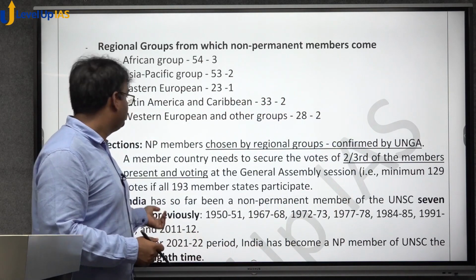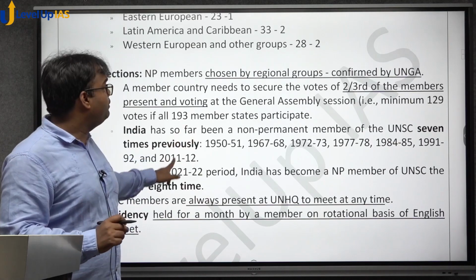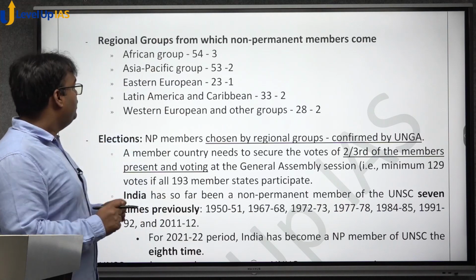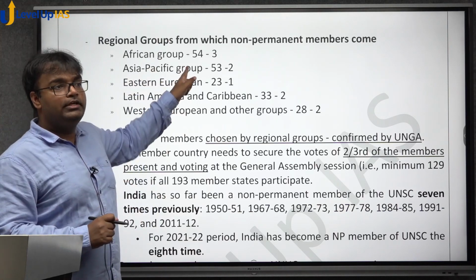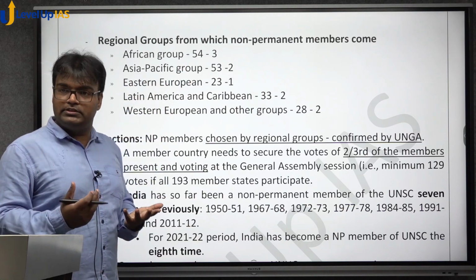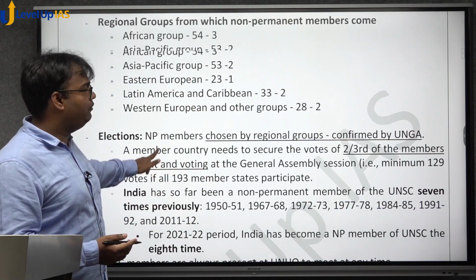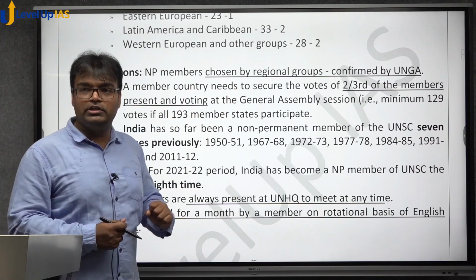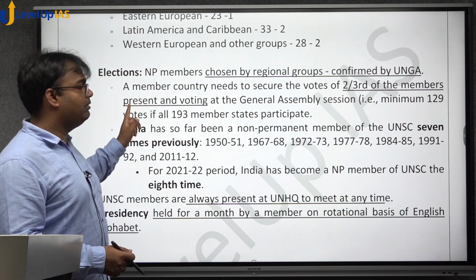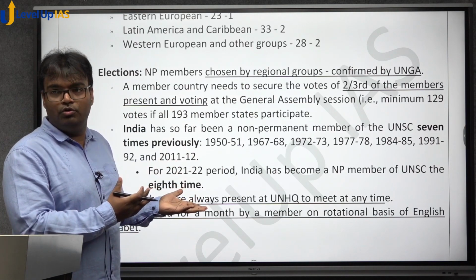Now let's come to how non-permanent members are elected. First, non-permanent members are chosen by the regional groups. For example, India was chosen unanimously by the Asia Pacific group. After the regional group chooses the non-permanent member, we have voting in the United Nations General Assembly, where a 2/3 majority, that is a minimum of 129 members out of 193, should support the membership.